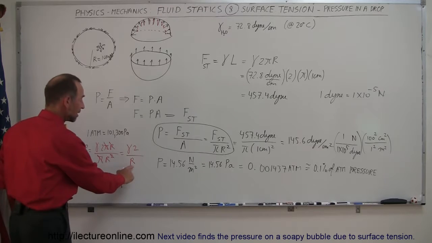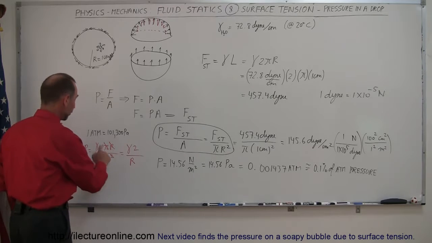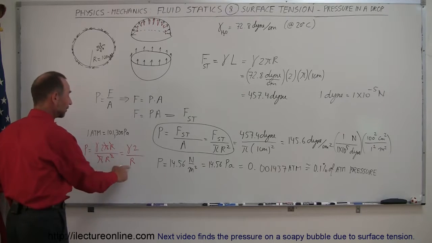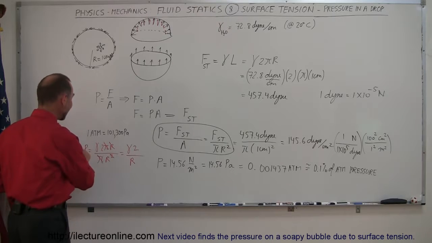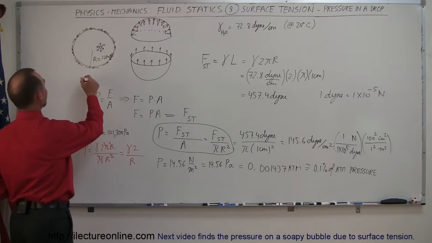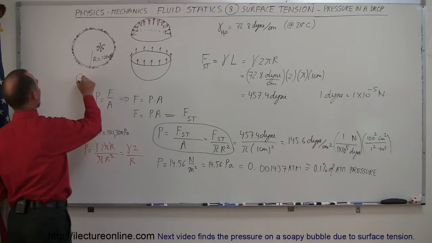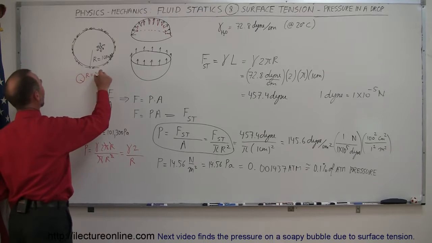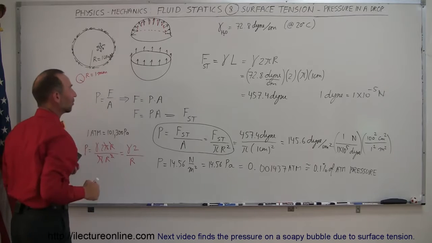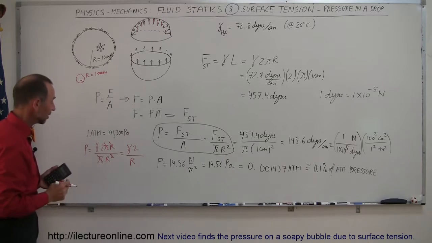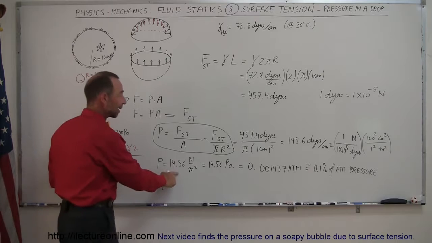Notice that as the radius gets smaller, the pressure will get larger. If I take 1/10 the radius, it'll be 10 times the pressure. 1/100 the radius, 100 times the pressure. So if I now take a water drop where the radius is only 1 millimeter, 1/10 of a centimeter, then the pressure would be 10 times as large.